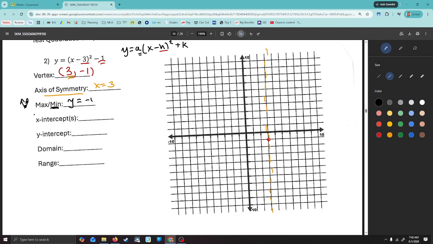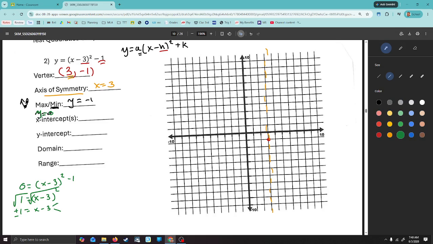To find the x-intercepts, we set y equals 0. Let me do that in green. So 0 equals (x minus 3) squared minus 1, plus 1 on both sides. Now I have to square root both sides. Remember, when you square root, it's plus or minus. So plus or minus 1 equals x minus 3.